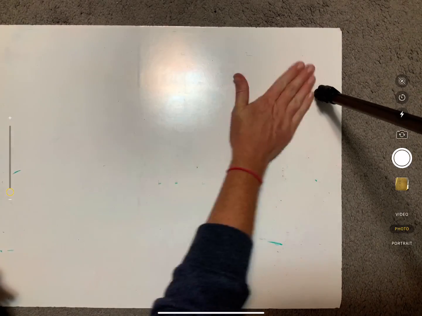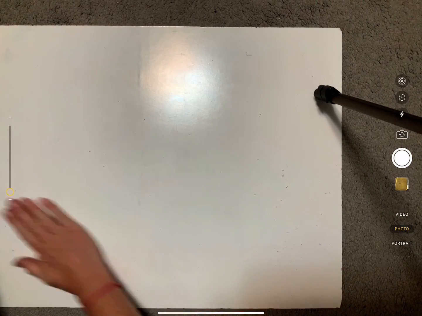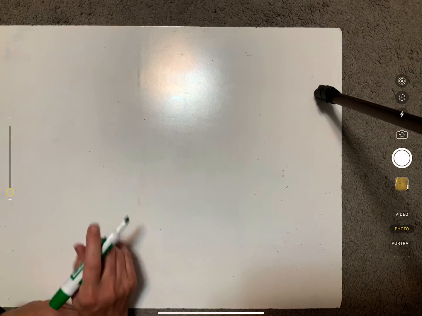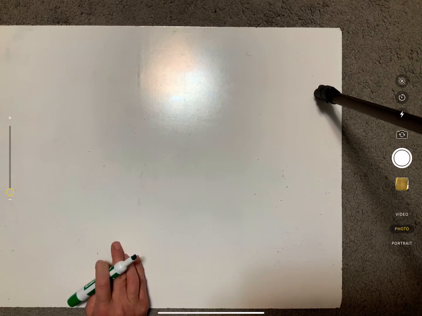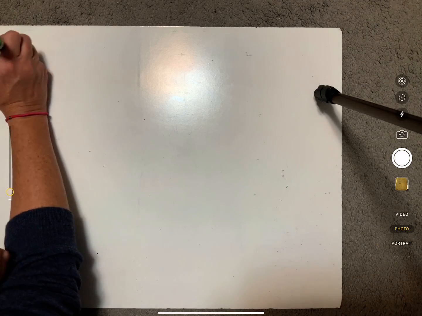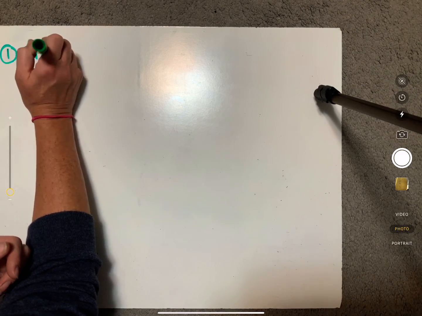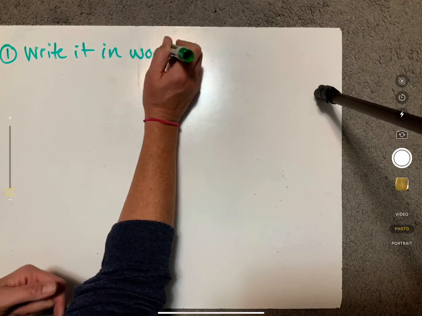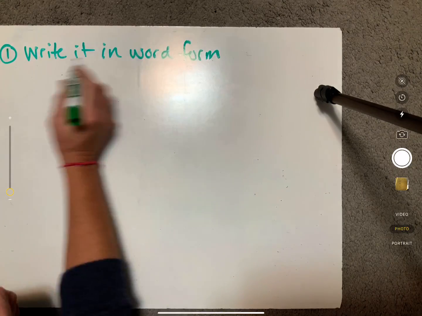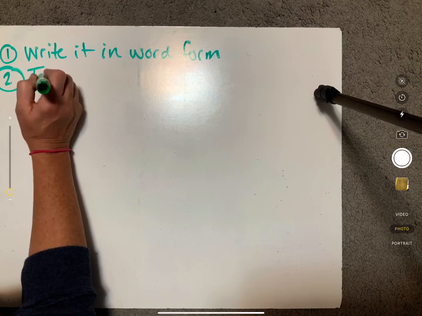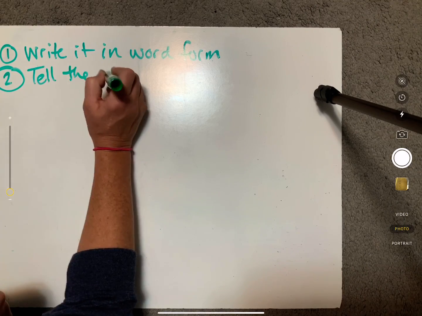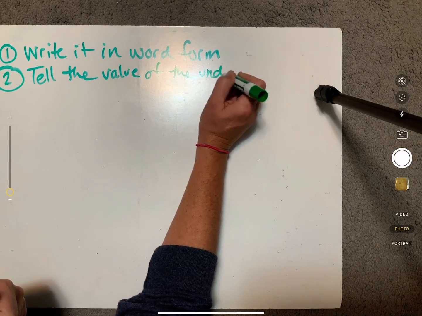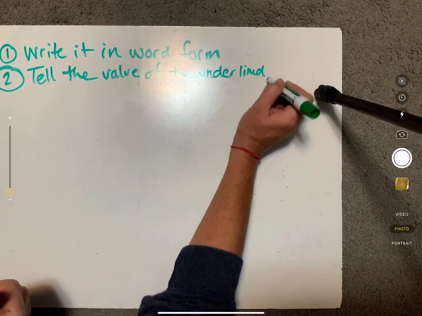Then one other thing that's a two-parter on your classwork, it'll say write each number in word form and tell the value of the underlined digit. So step 1 is going to be write it in word form. Step 2, tell the value of the underlined digit.